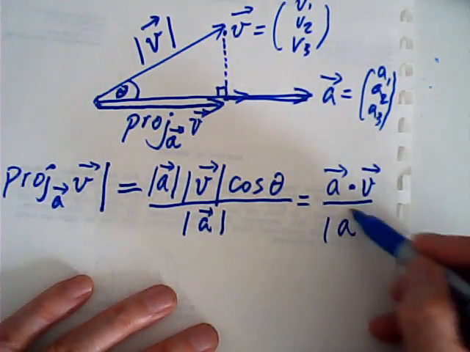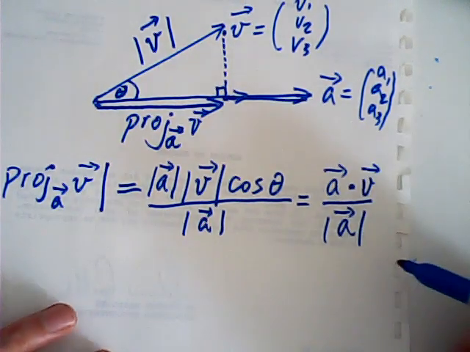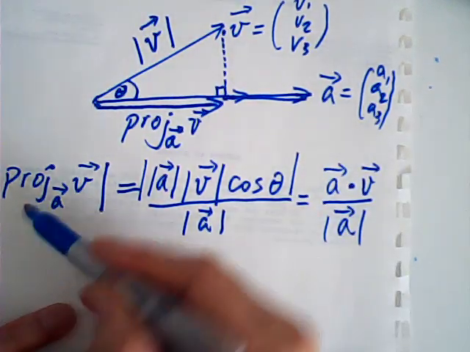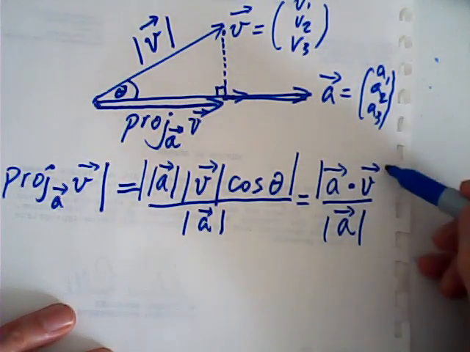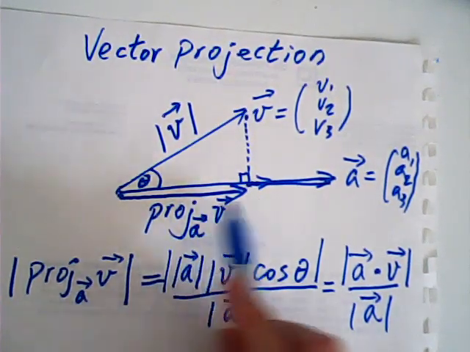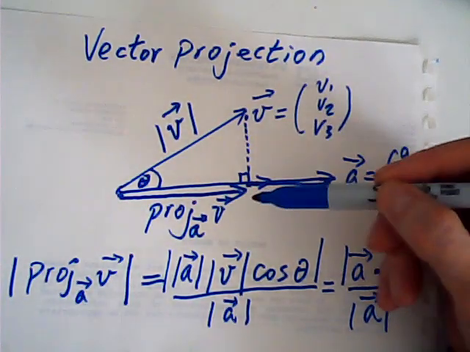The denominator is the modulus, the norm of A, right? Now we take the absolute value because the distance is always positive. So that is the formula to find the length of a projection vector from V onto A.